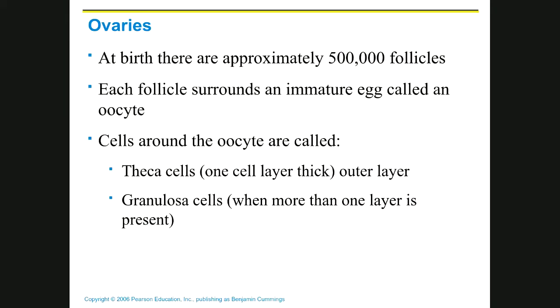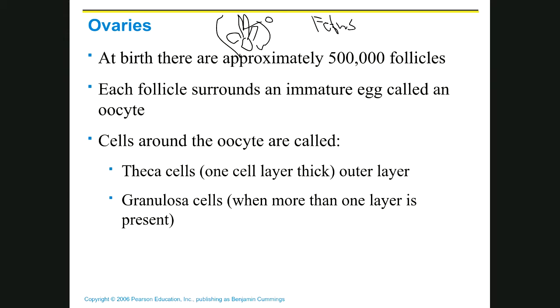In fact, it happens while the female is a fetus herself. So in other words, inside your mother, if you're a female, when you were a fetus, in your own ovaries in here, before you were born, all this starts.